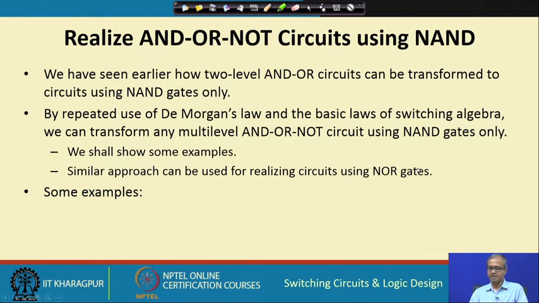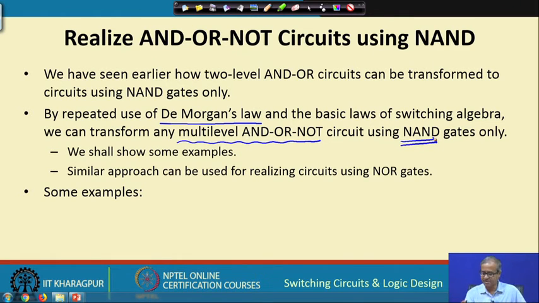Now, in general, for any circuit, not necessarily 2 level, it can be a multi-level circuit, if you apply DeMorgan's law in a suitable way, and also use some basic transformation rules, then you can convert any multi-level circuit consisting of AND, OR and NOT gates using NAND gates only.